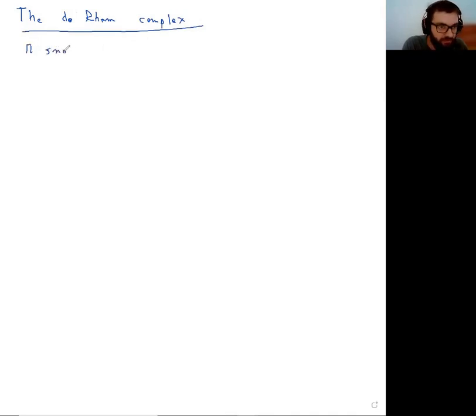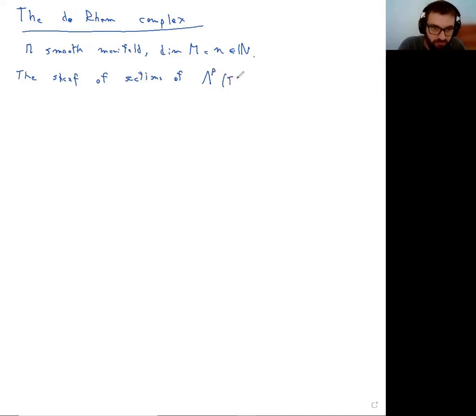So we take a smooth manifold M of dimension n, and then we have the sheaf of sections of this particular bundle, denoted by C infinity p M. So this is the sheaf of smooth sections of the pth exterior power of the cotangent bundle.